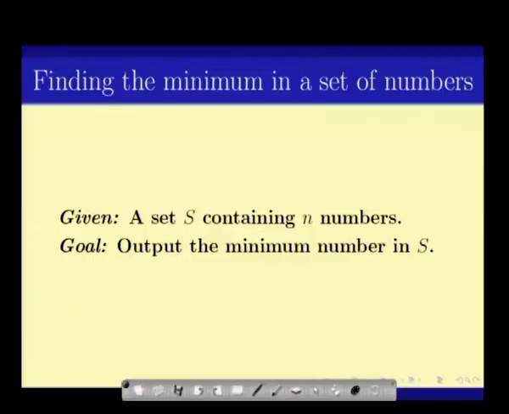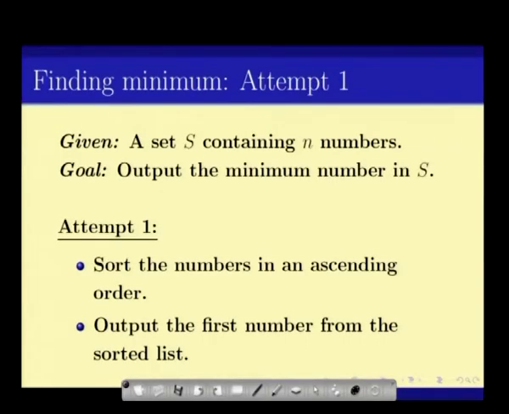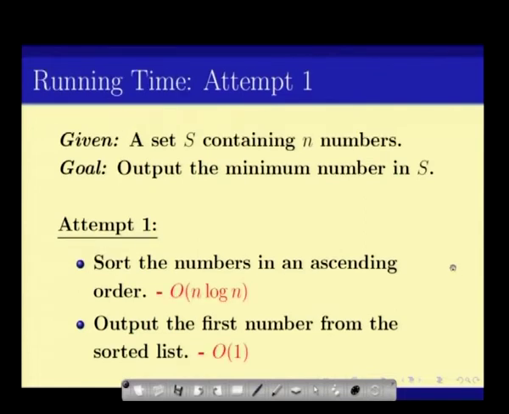So today our problem will be a generalization of finding the minimum in a set of points. Let us recap the algorithm for finding the minimum. We had a set S which contains n numbers, and we want to output the minimum number in S. The most naive approach is to sort these numbers in ascending order and then output the first number in that sorted list.